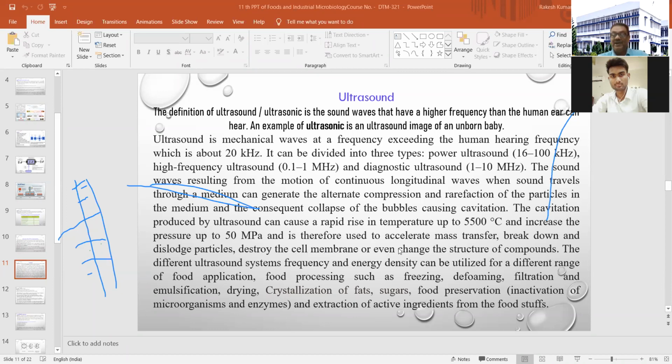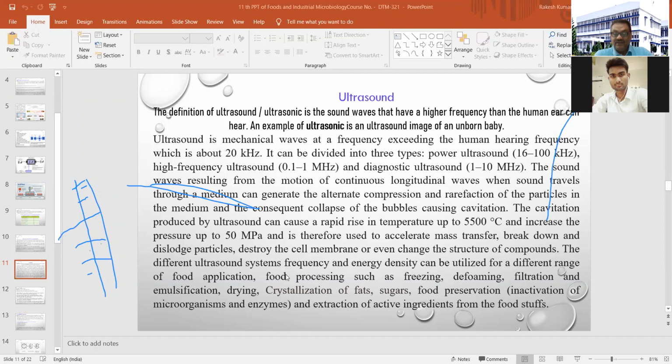So when you apply this type of sound wave inside your chamber, what will happen? A very high pressure will be created and high temperature will be produced inside, and ultimately it will affect the cell membrane or even change the structure of the compound.